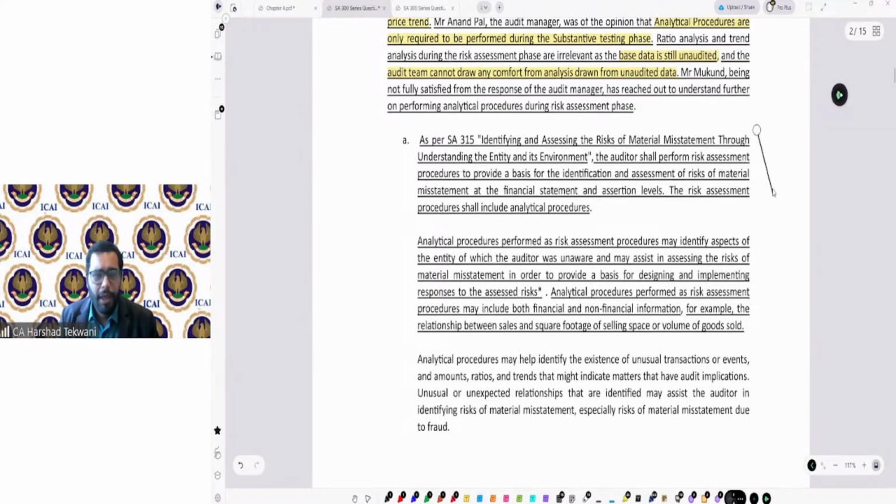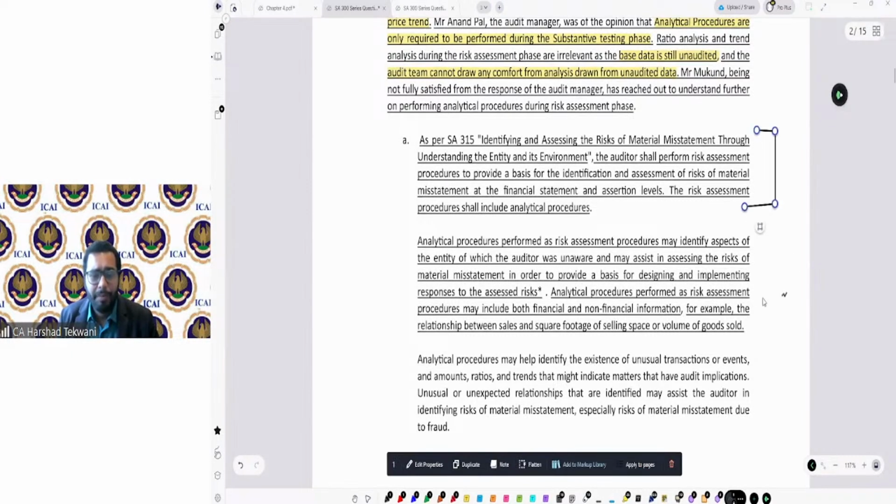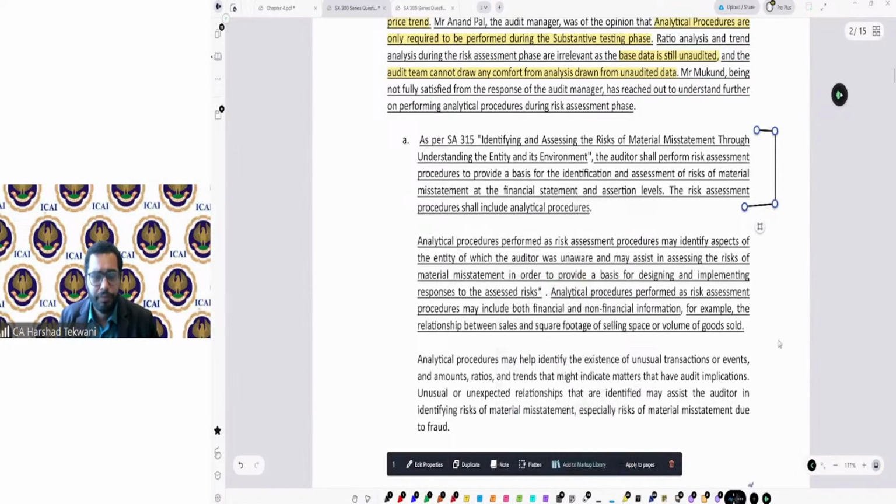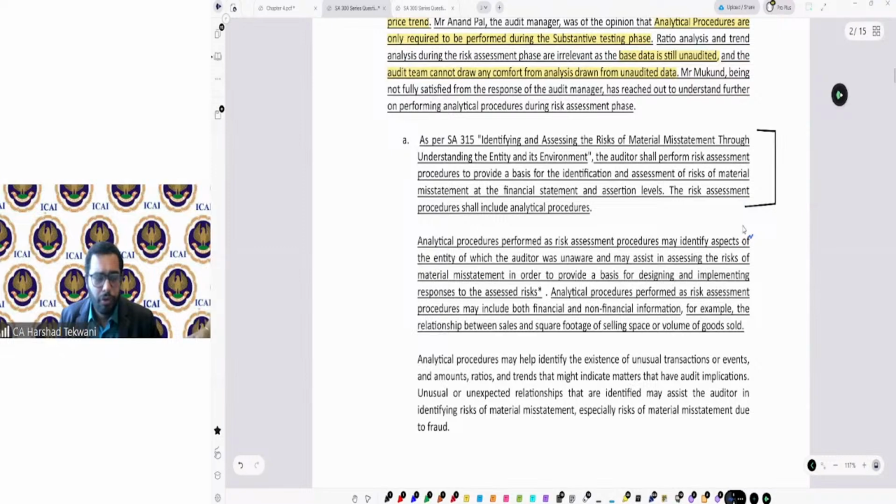And then I'm explaining the provision. The second part is that I am explaining the provision over here. So I have to then explain what the provision is and what the provision is about.